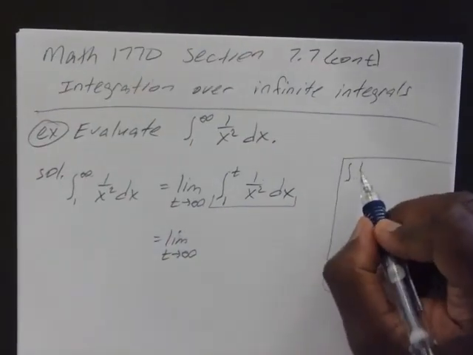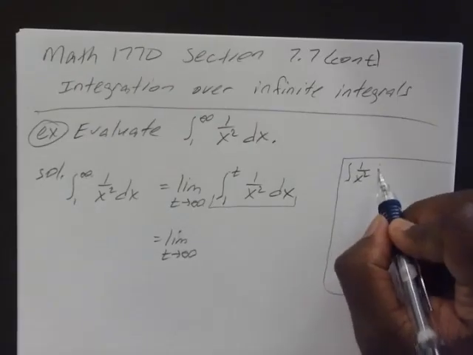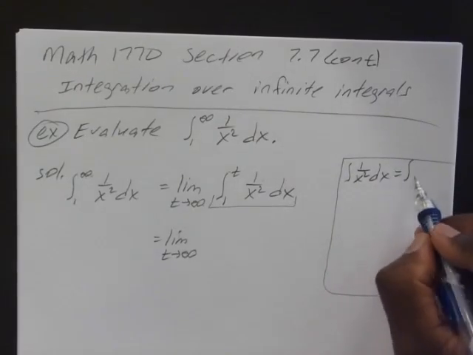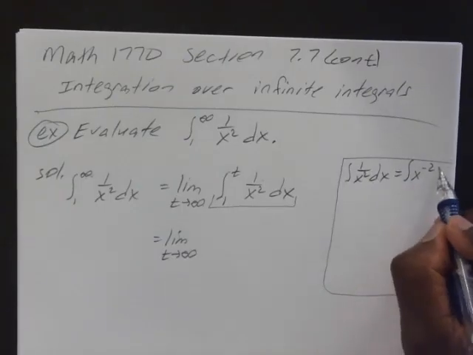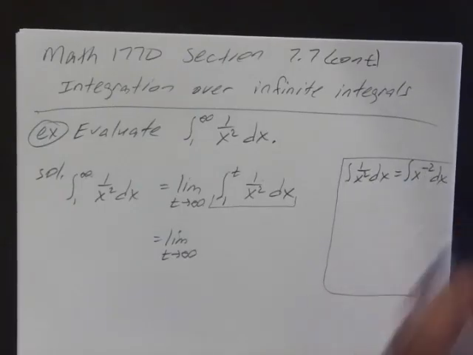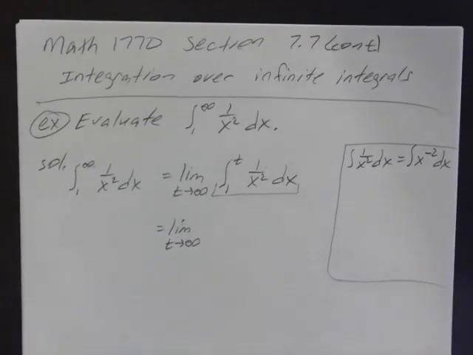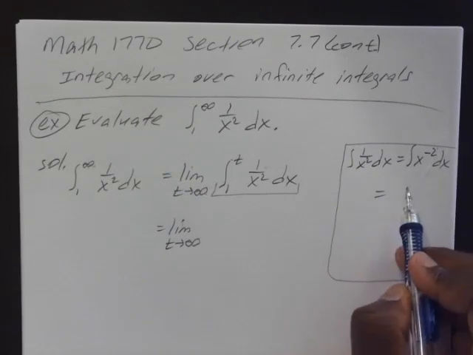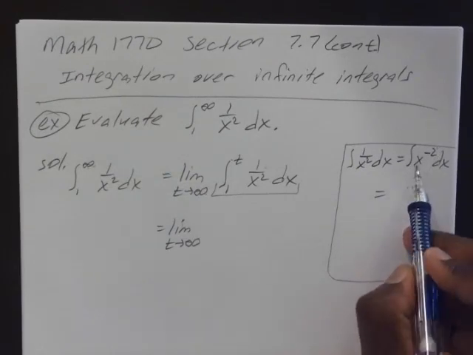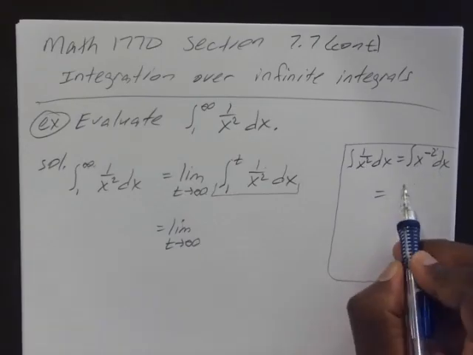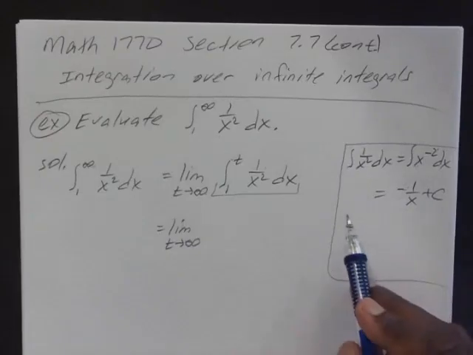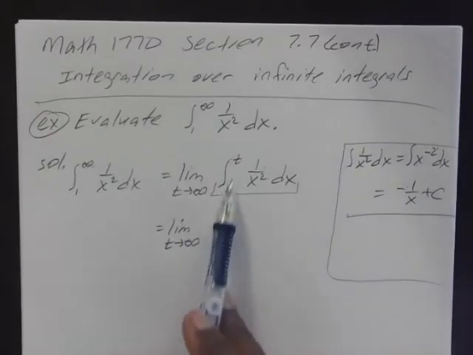Remember, the integral of 1 over x squared with respect to x, we could just rewrite that as the integral of x to the negative 2 power with respect to x. Okay. So that's equal to x to the power of negative 2 plus 1 divided by negative 2 plus 1, which is x to the power of negative 1 over negative 1, which is negative 1 over x. And plus c. We don't need the plus c because we have a definite integral here.